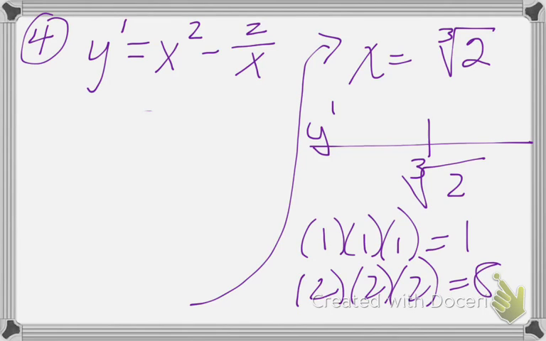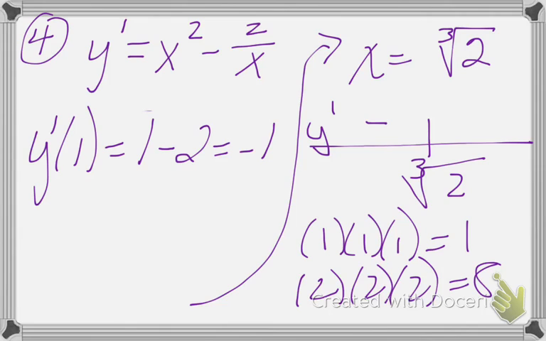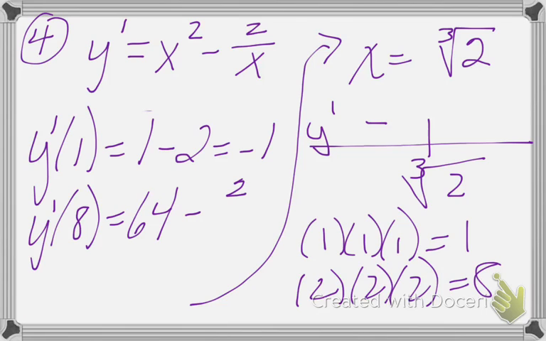So it's got to be a number bigger than 1 but smaller than 8. So we could definitely try 1 as a value. y prime of 1 is going to be 1 minus 2, which is negative. And then if I want to choose 8, I could do y prime of 8 equals 64 minus 2 over 8. So that will be positive.